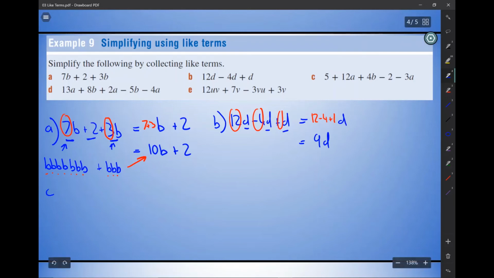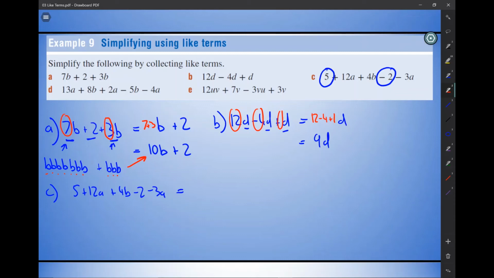Let's go down here for part C. 5 plus 12a plus 4b minus 2 minus 3a. Now, this is an important point here. Terms with no letter are also like terms with each other. So we can collect the 5 and the minus 2 together the same way we would collect letters.